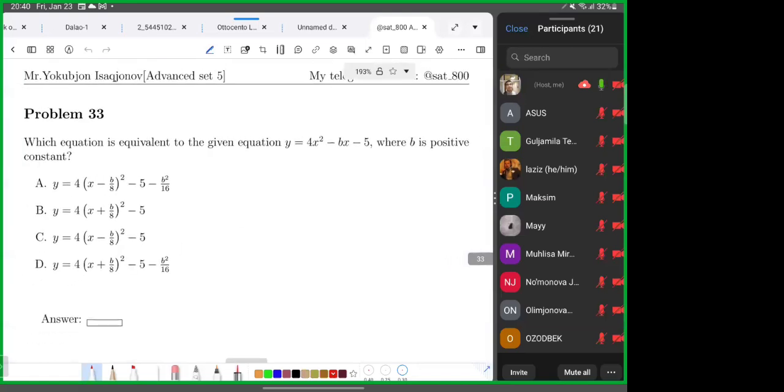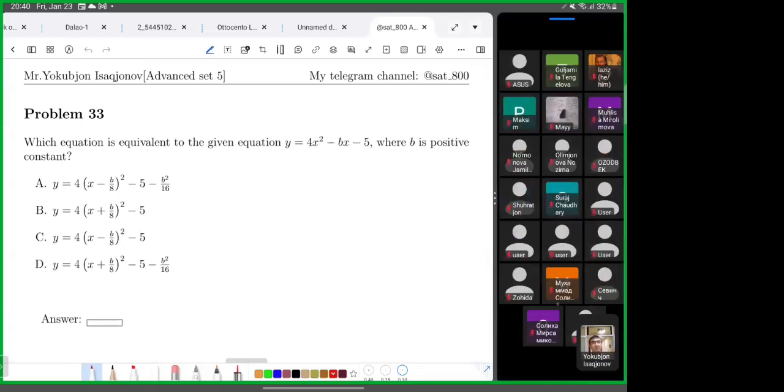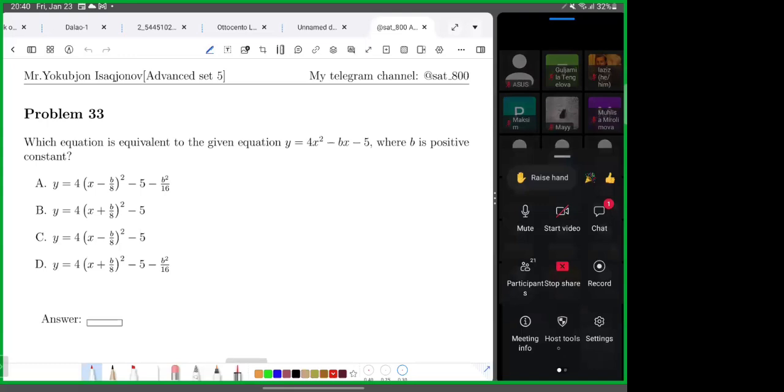Here, you can see this problem appeared on the real SAT test in August this year, 2025. It asks you to write the equation in vertex form. Let's try it yourself, guys. Let's go. Anybody can do this? Do this yourself, guys.